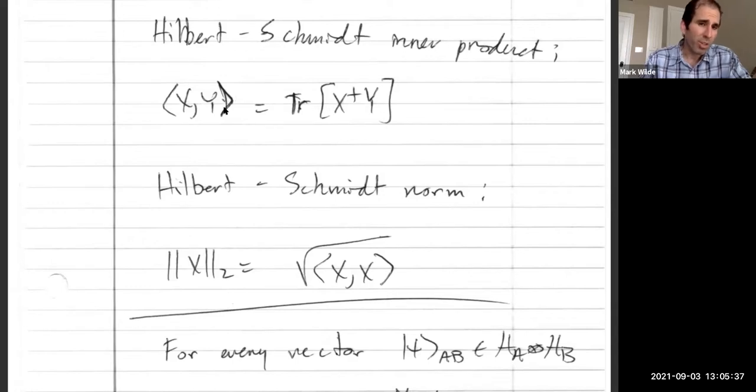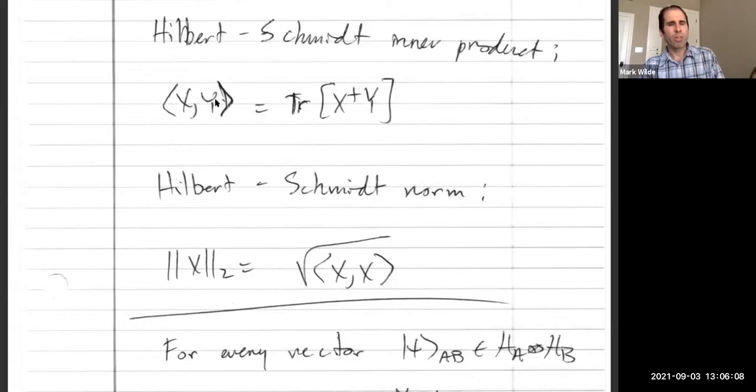This generalizes the usual inner product, right? If the input space is trivial, like a one-dimensional space, then the operator is actually a vector. Okay. And so if the operators are vectors and you do this operation, then it just reduces to the usual inner product.